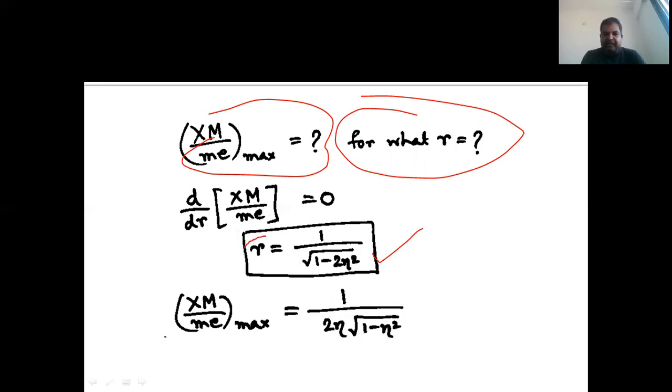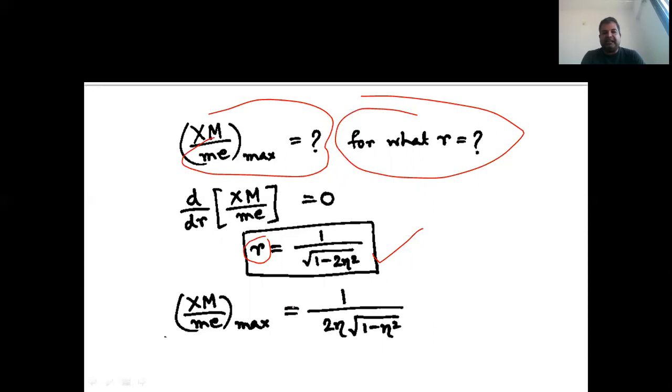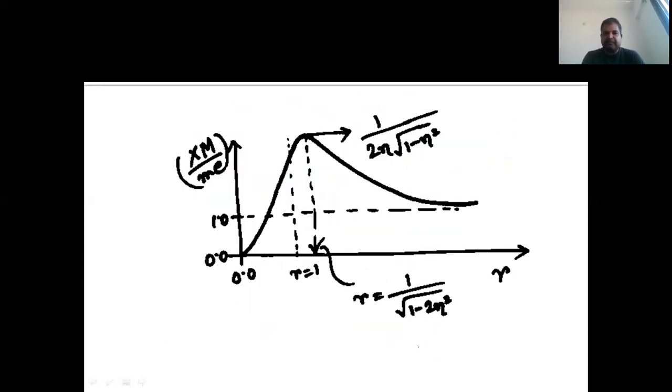If you put this value of r into the original equation, that is r square upon this expression, then you will get the maximum value, which is this. Based upon that, you can plot this particular curve for any single value and find out the zones. So this is my DMF.